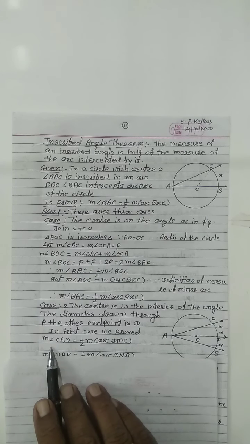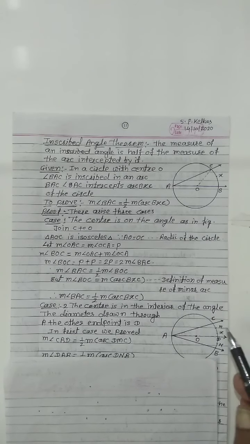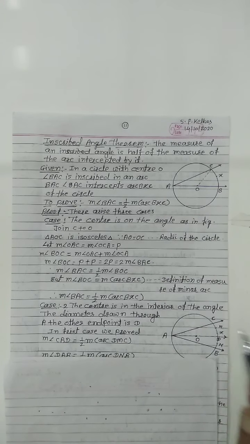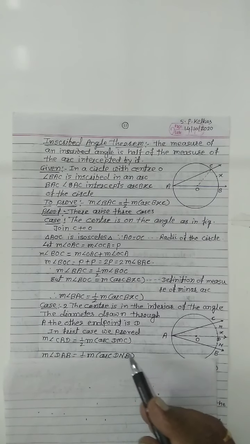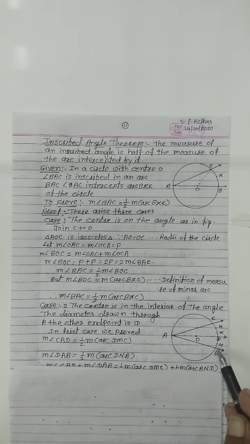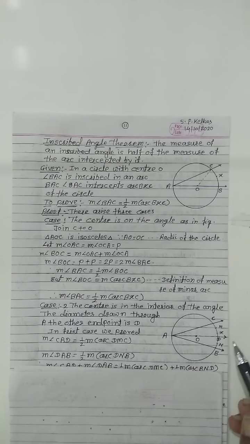Then we write directly the measure of angle CAD equals 1 by 2 the measure of arc CMD, or DMC. Then the measure of angle DAB: for this angle also the center lies on the side of the angle. Then we can write the measure of angle DAB equals 1 by 2 the measure of arc DNB.